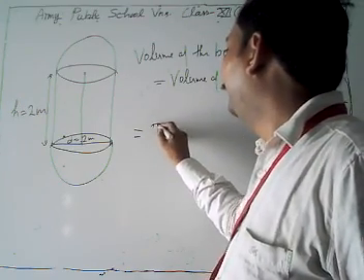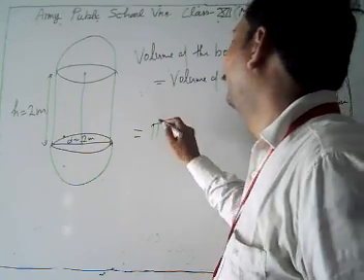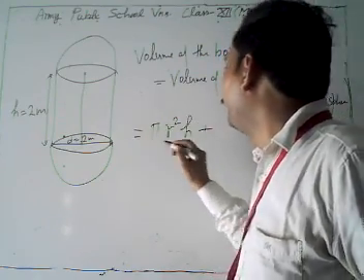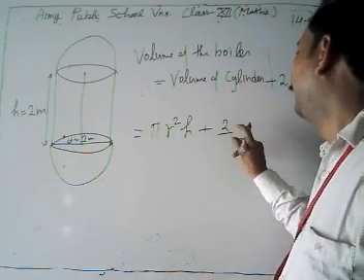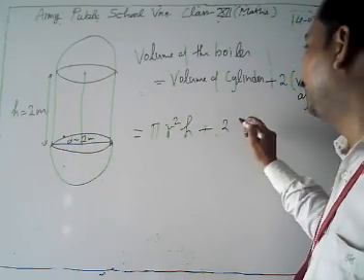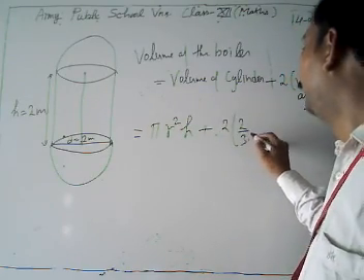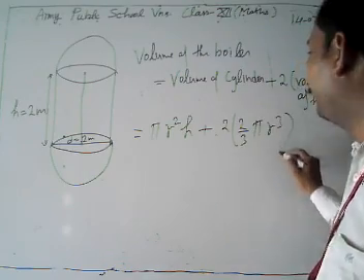It's pi r square h. The volume of a hemisphere is 2 by 3 pi r cube, and we multiply with 2 because there are 2 hemispheres.